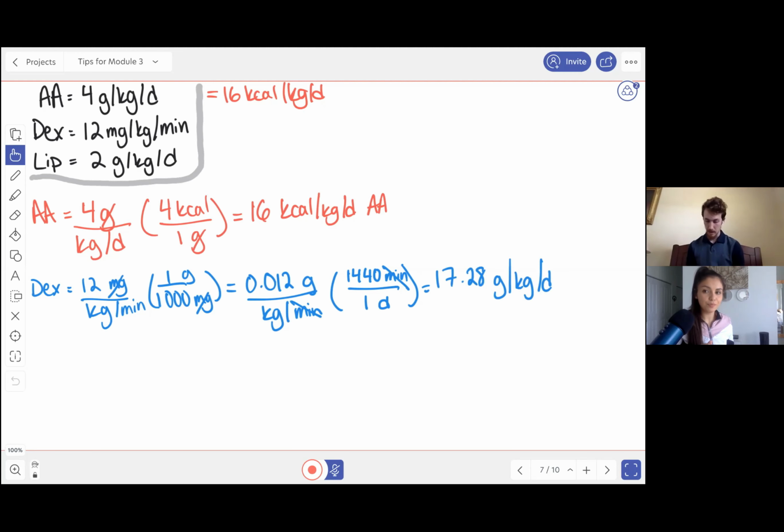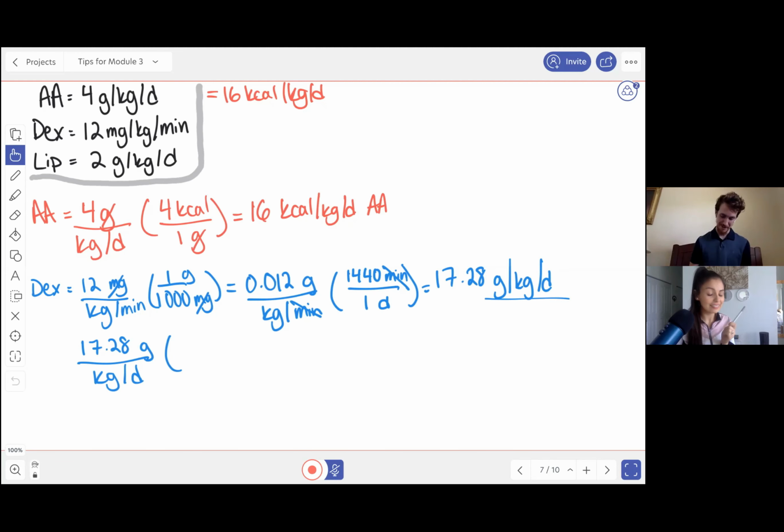So just looking at our units, we have the kilograms per day, which is what we need, it's missing the calories. So we're going to convert the 17.28 grams per kilogram per day, and we're going to multiply that by the amount of calories per 1 gram of dextrose, which, how many is that? 3.4.